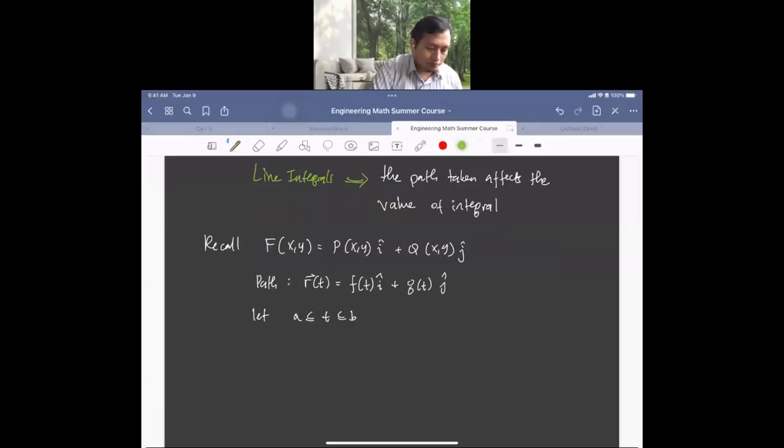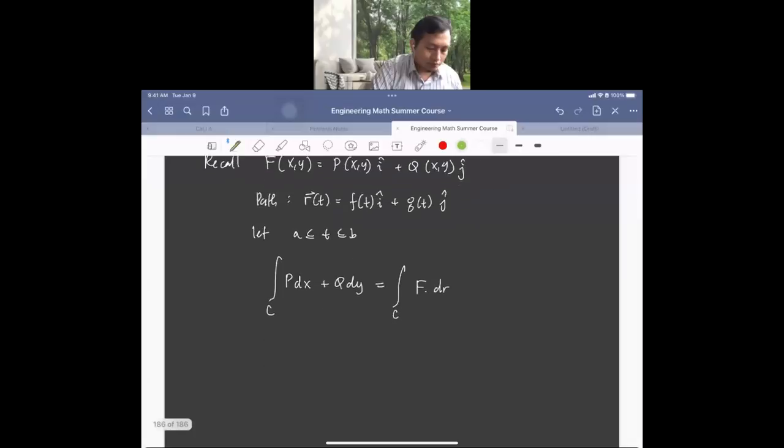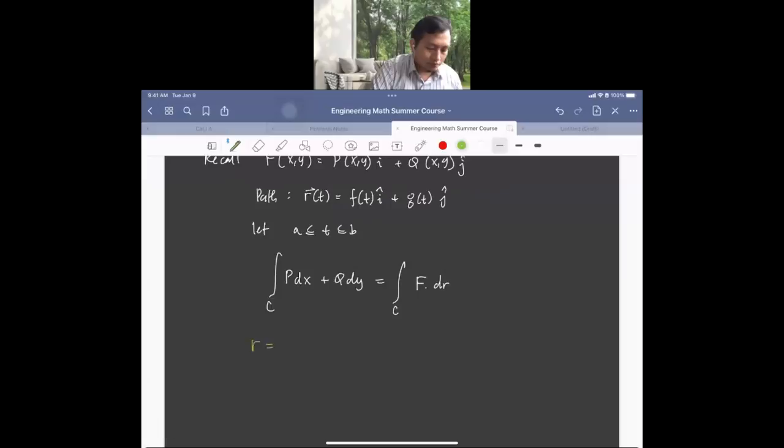So we can also think of this like F is a force in physics and the path is like a distance. So we can think the line integral of P dx plus Q dy equals line integral of F dr. The dx and dy come from R. R is f of t and g of t.